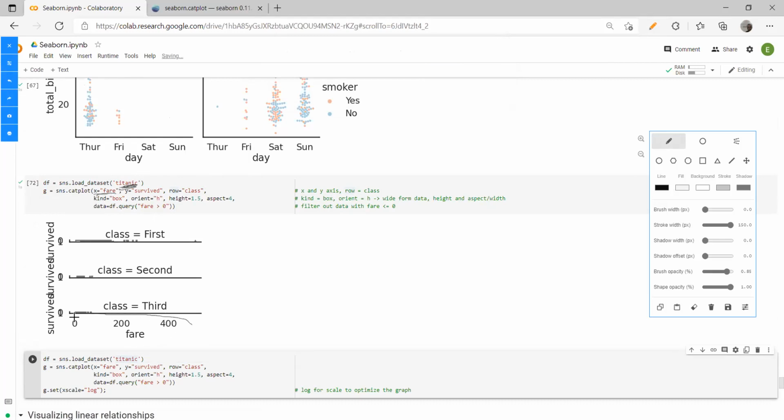So we are putting fare on the x-axis. What is the fare of a person? I can see that a lot of persons have a fare over here, something like that. A lot distributed. Someone is even paying far more. Less fare, and of course the third class has a lower fare. Y-axis is whether they survived or not. So 0 and 1.